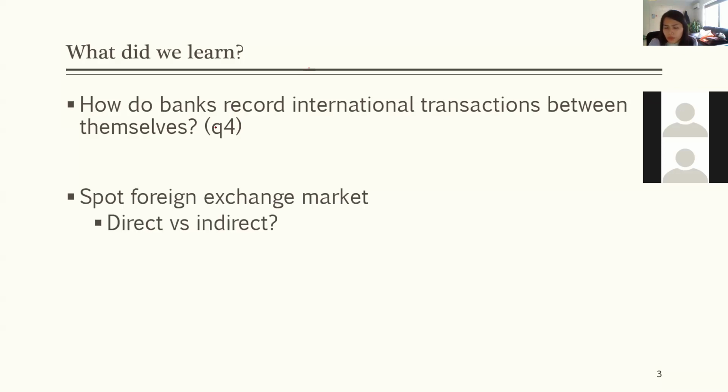We also introduced a few quotation terminologies. So we talk about the direct versus indirect method. When we talk about the direct quotation method, this is when we quote the foreign currency in the domestic currency, right? So for example, we are in Australia, so our home currency is the AUD, okay? Now let's say we want to look at the relationship between the AUD and the pounds. So from our perspective, the direct quotation would be the price of the pounds in the AUD, okay?